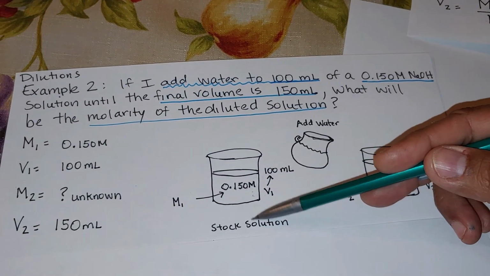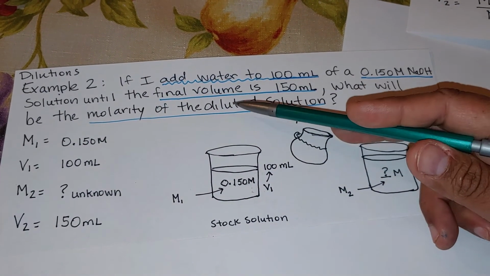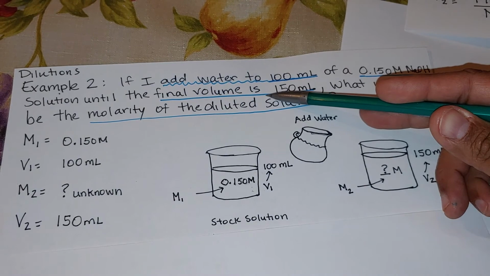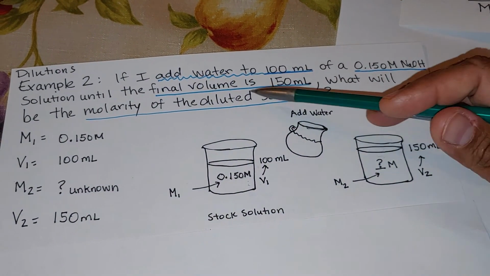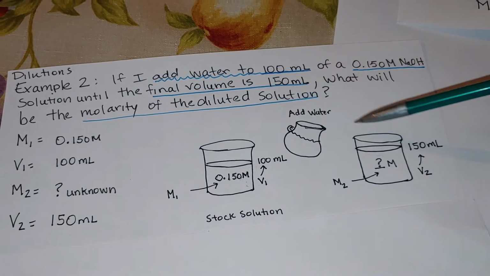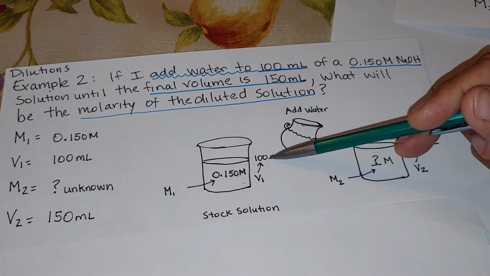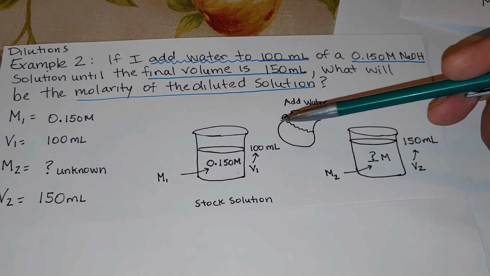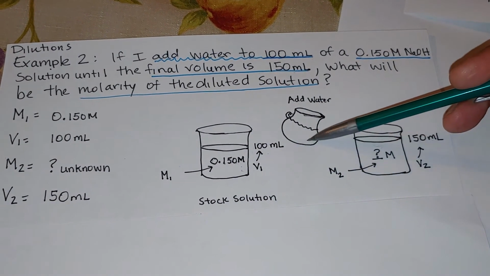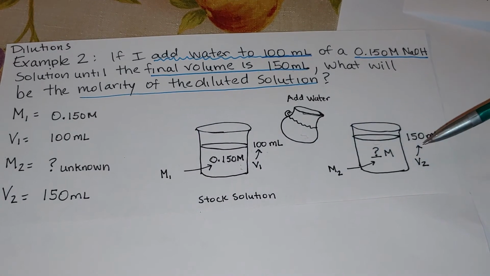So that's my stock solution again. It says if I add water to it, that makes a diluted solution that now has a volume of 150. It was at 100, so that means we added 50 milliliters of water.